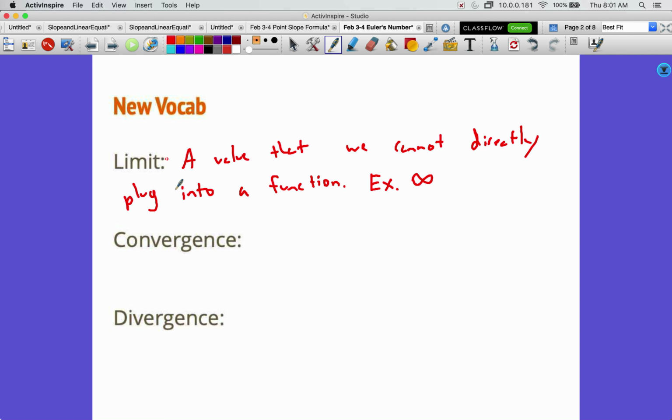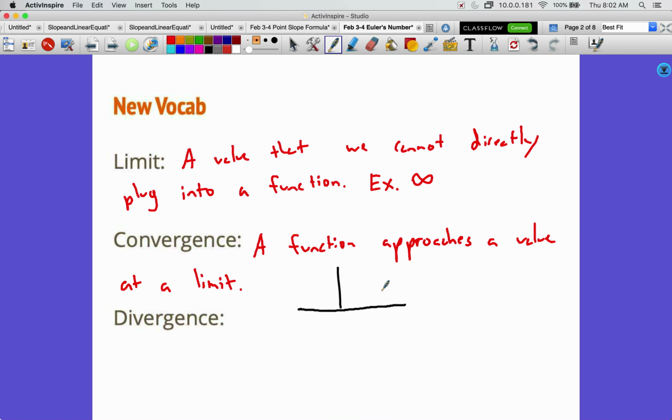All right, convergence is when a function approaches a value at a limit. All right, our most salient example of convergence is probably exponential decay.